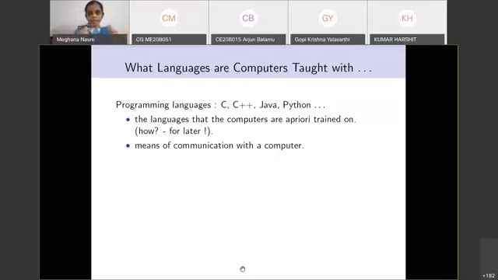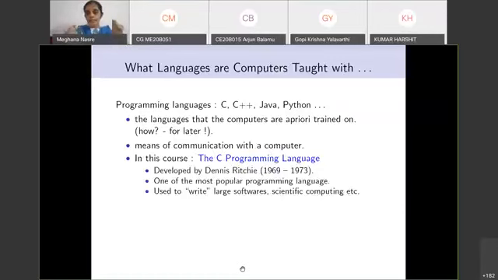But this programming language is a means of communication with the computer. If you want the computer to behave or do things exactly the way you want it to, you must learn this language of communication precisely. This is the goal of this course. In this course, we will be talking about the C programming language, which is one of the most popular programming languages.